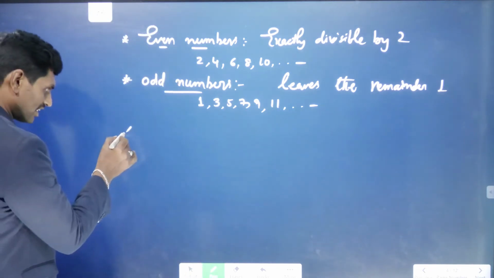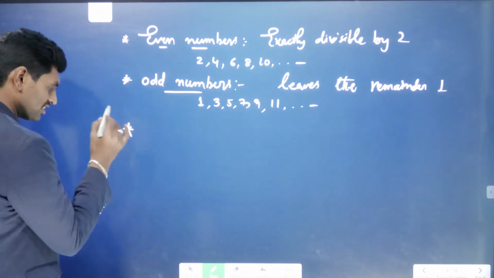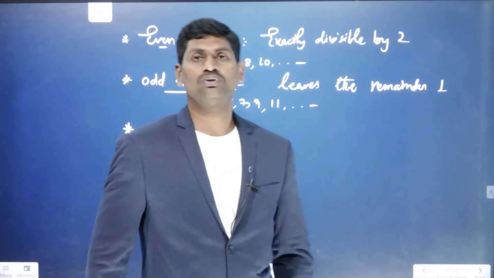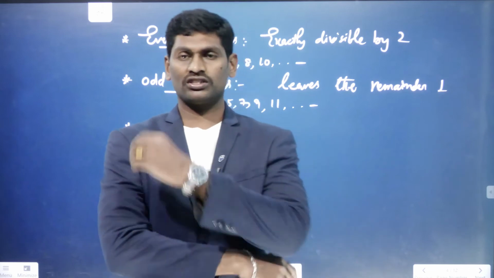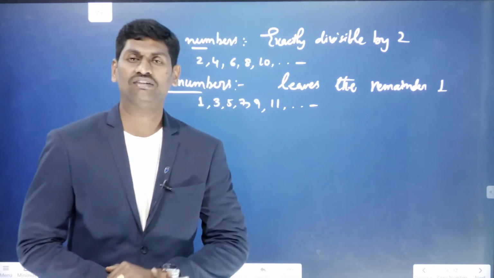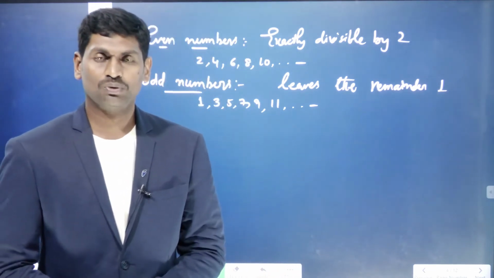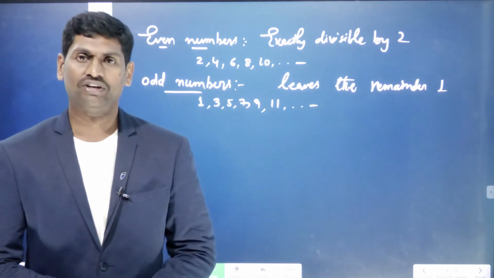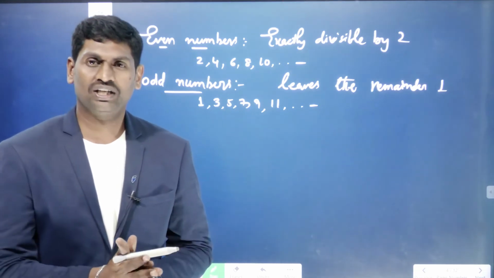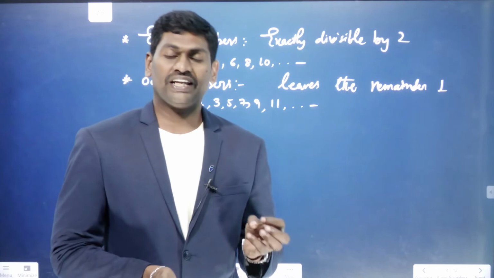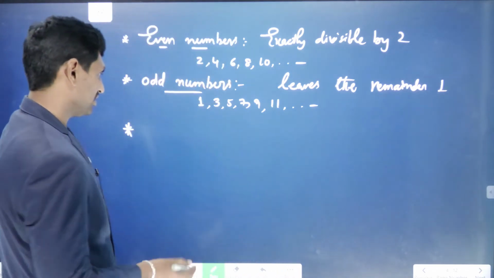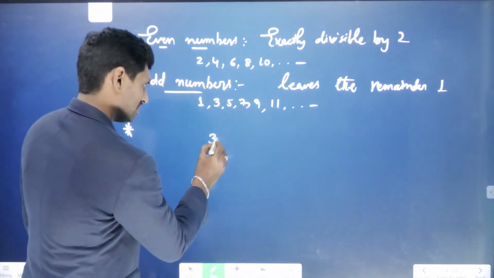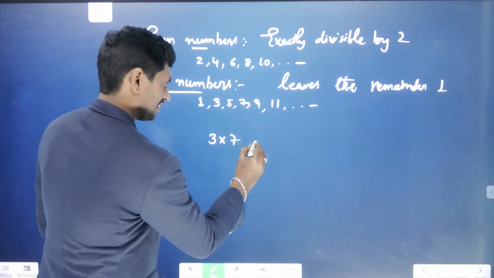Now we should discuss prime numbers. Before going to discuss prime numbers, we should know about multiples and factors. What are called multiples, what are called factors. Both together I am going to explain by taking an example. For example, 3 sevens are 21.